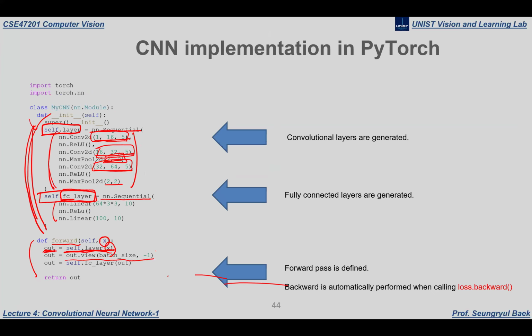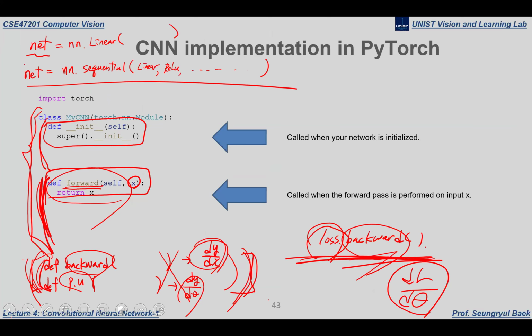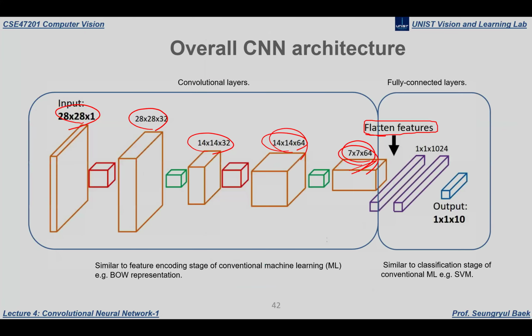And this is the code for flattening. It is just reshaping the signals. Here, 7 by 7 by 64 dimensional 2D signals are obtained, and you have to reshape them to a 1 by 1 by 1024 dimensional 1D vector.